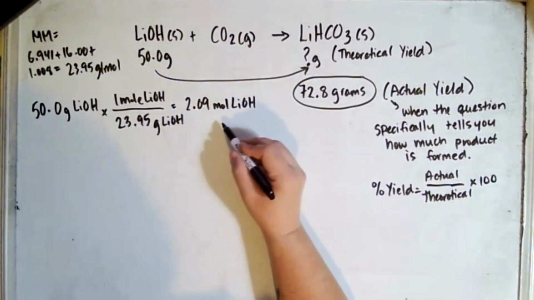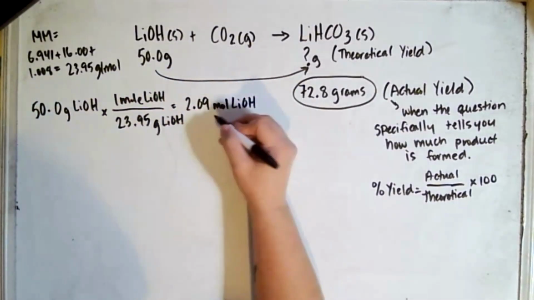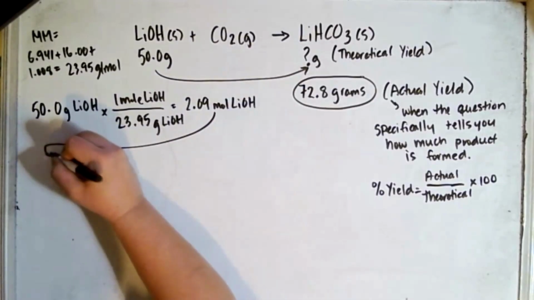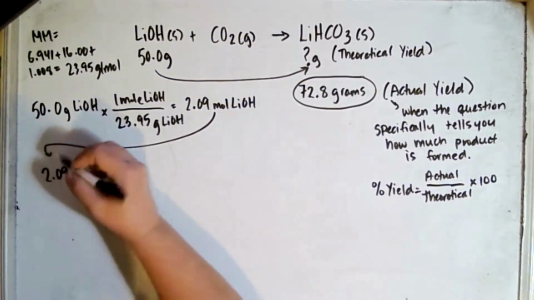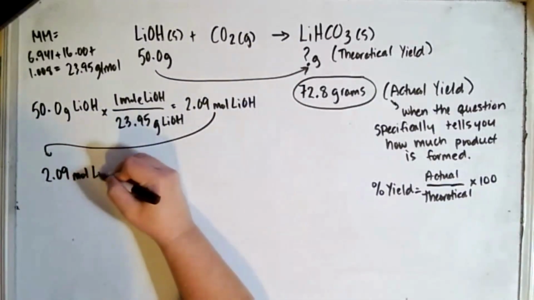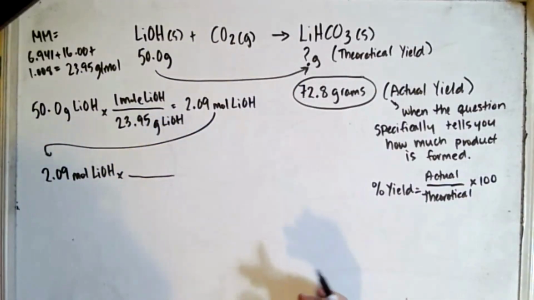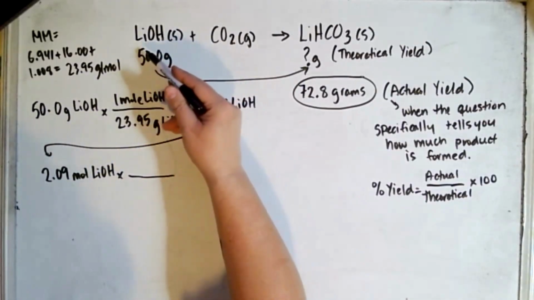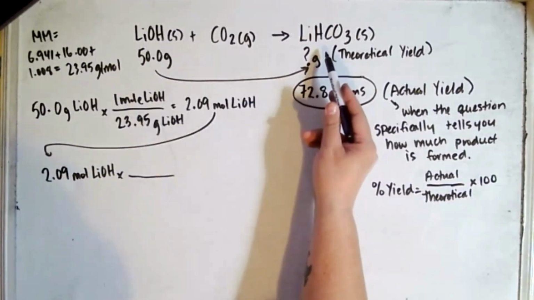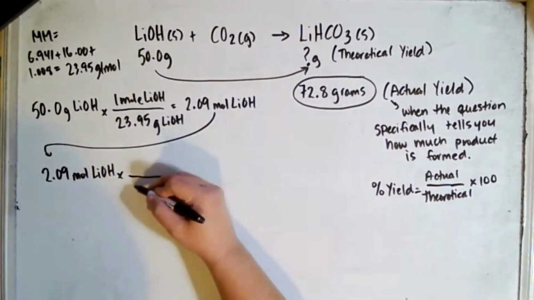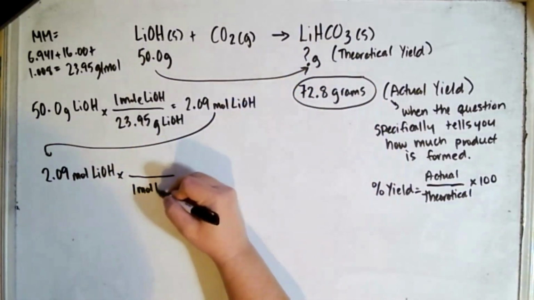Okay, and if I have 2.09 moles of lithium hydroxide, I can look at my balanced equation. Every 1 mole of lithium hydroxide makes 1 mole of lithium hydrogen carbonate. So it's a 1-to-1 ratio here.